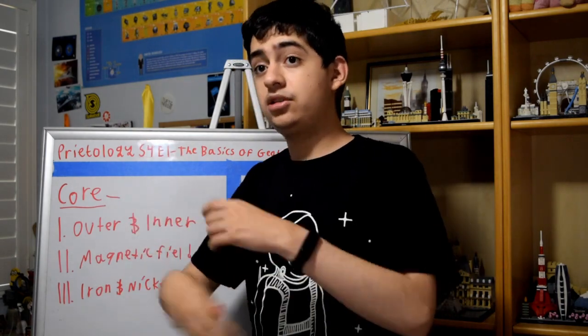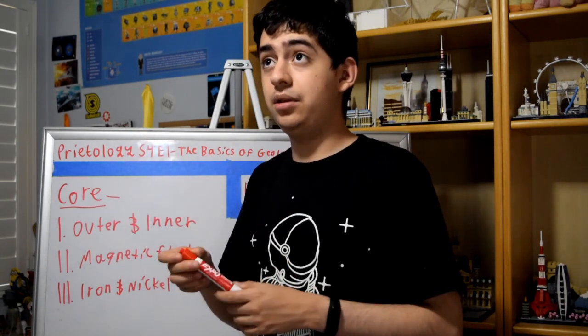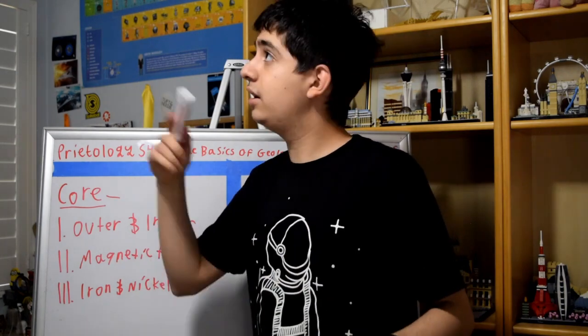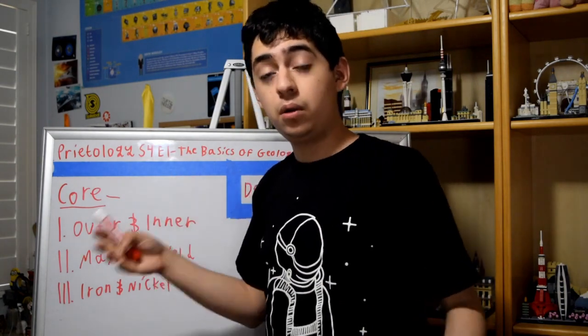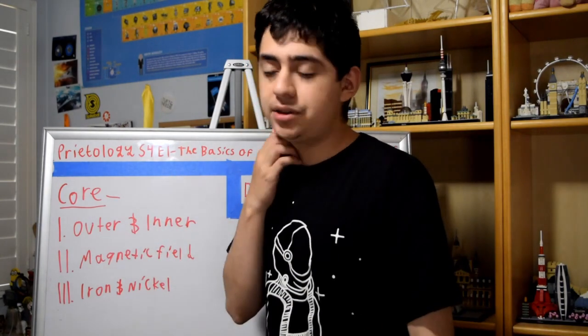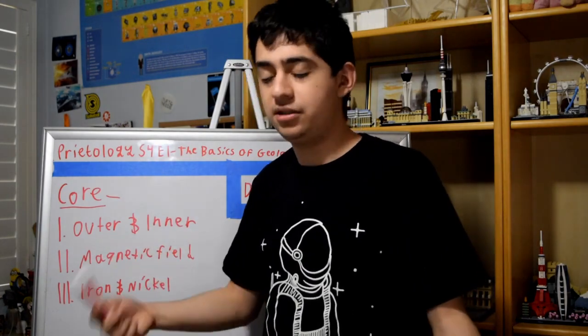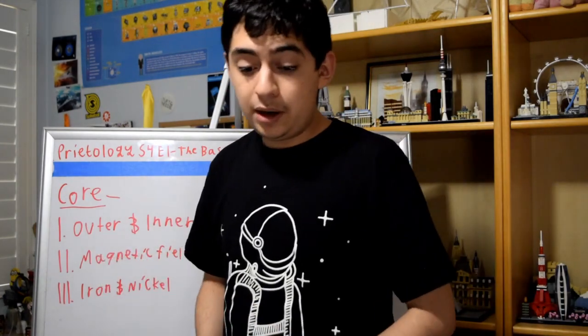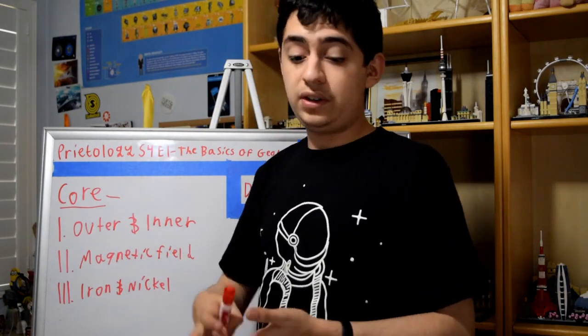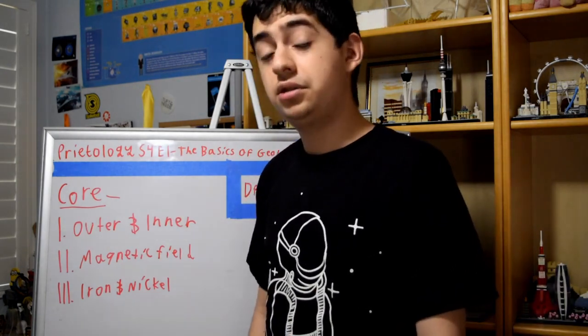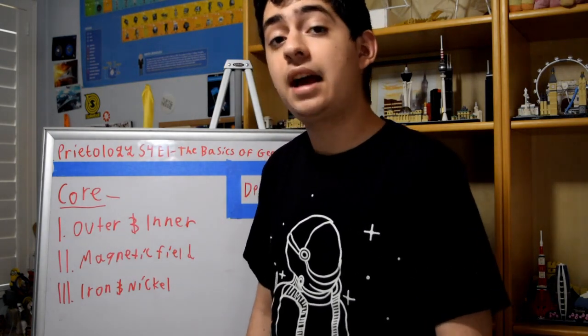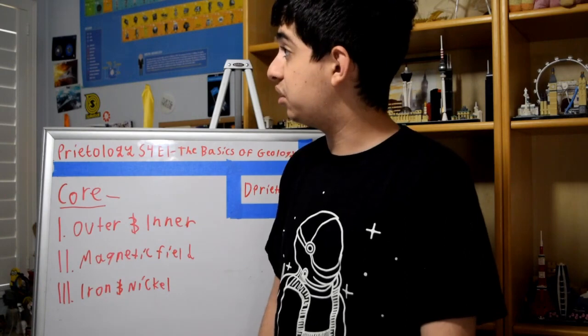Iron's magnetic, so a rotating magnet around a metallic outer core makes a magnetic field. It also has nickel, which is also magnetic, but not as magnetic as iron. The fun fact about it: the diameter, since it's a sphere, is 2,166 miles. That's a good amount.